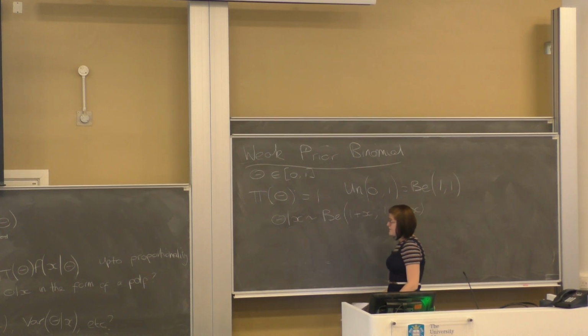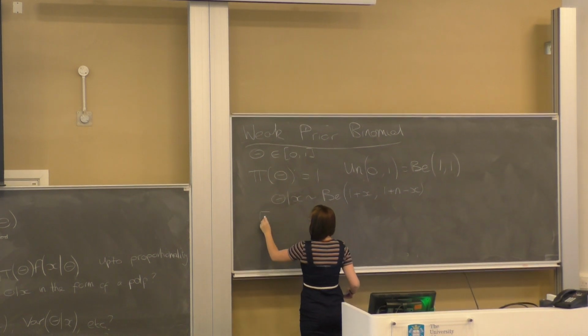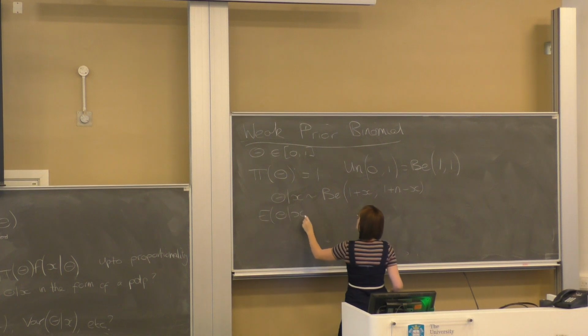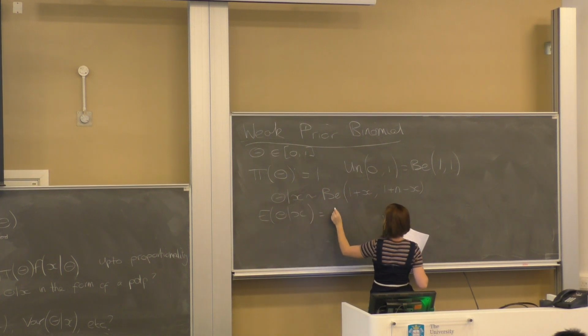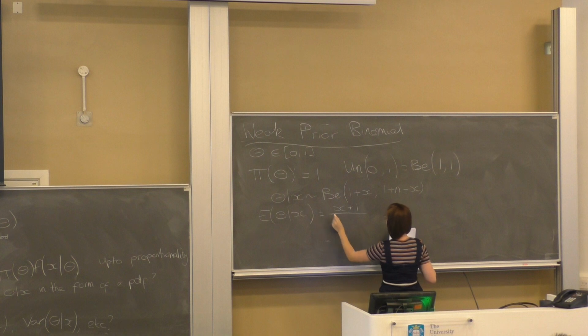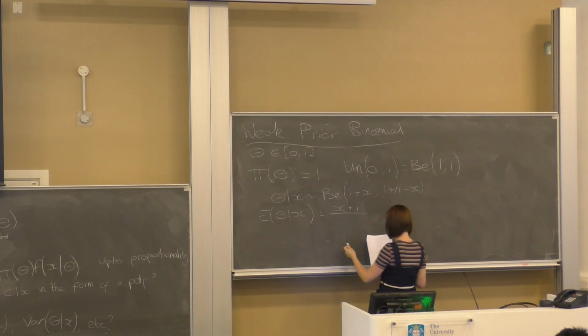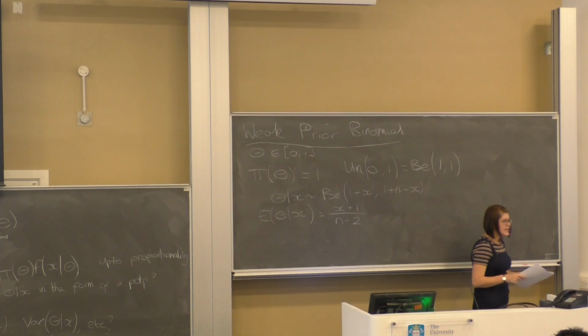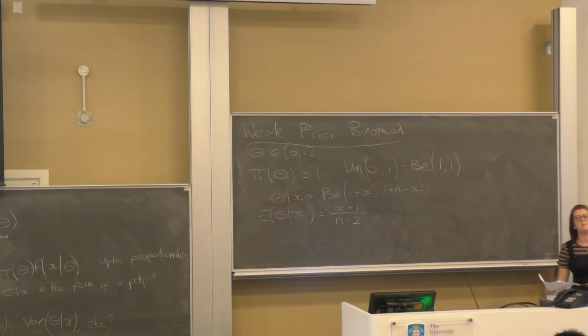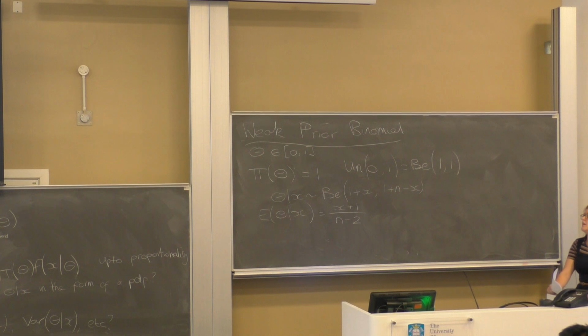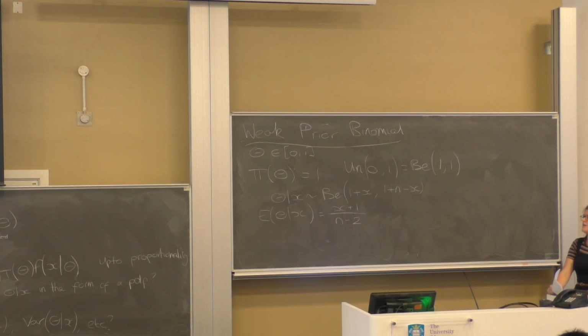So if we were to look at moments from that, we're going to get that our posterior expectation is the number of successes plus 1 over our total number of trials plus 2. If we really were to have no information about what theta is before we'd seen our data, what would we have wanted to do with our posterior expectation?